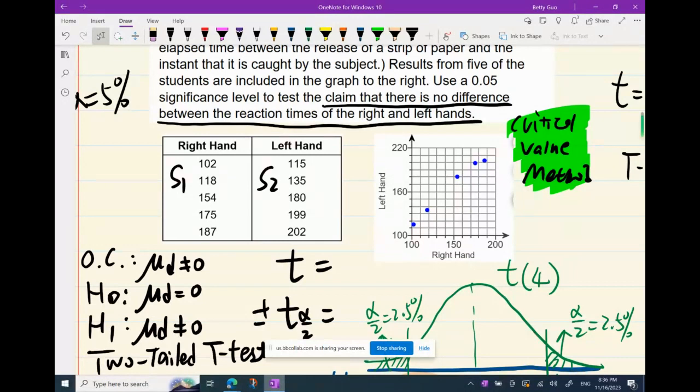So we have 115, 135, 180, 199, 202. Yeah, again, double check your answer. Nothing wrong with double checking.